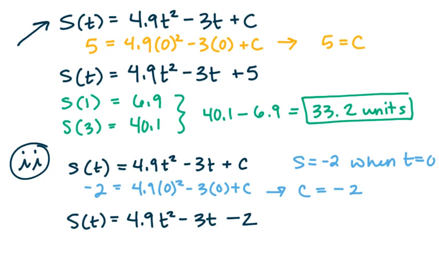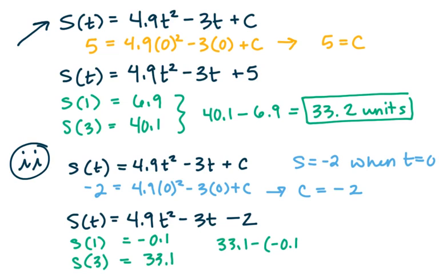So if we were to look at our displacement from 1 to 3 units of time, those output values we'd get would be -0.1 and 33.1. And in this situation, when I subtract those, 33.1 minus -0.1, I again get that same difference, 33.2 units.